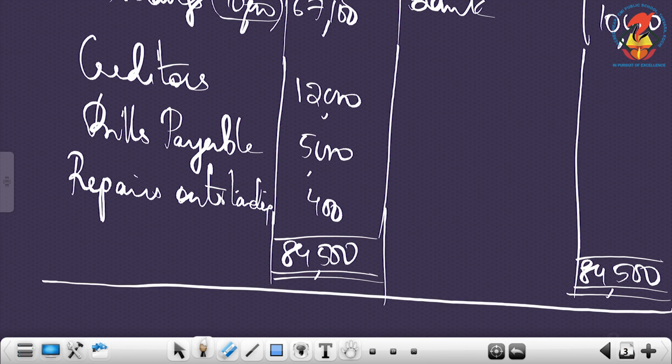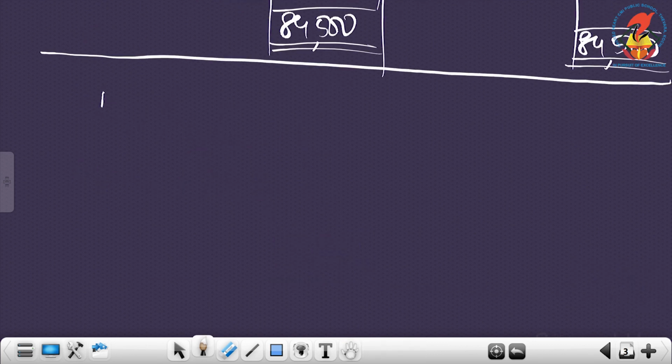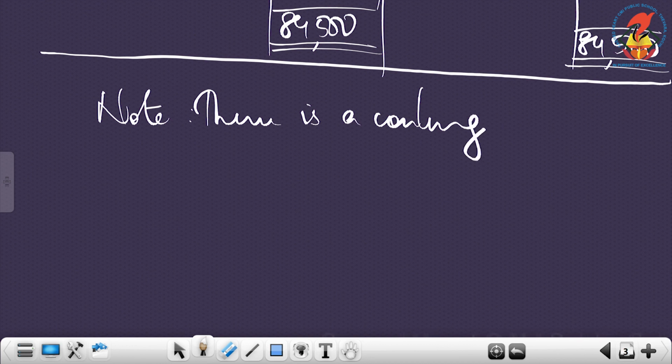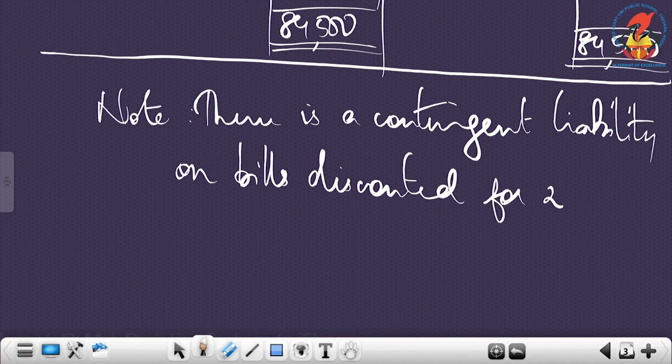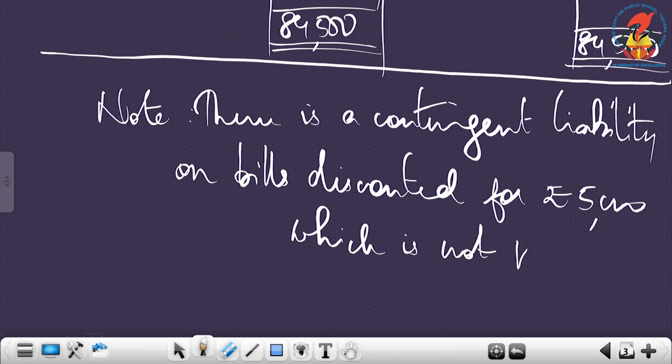Since it is not a liability now, we will show it outside the balance sheet, like you write there is a contingent liability on bill discounted for rupees 5,000, which is not yet matured.